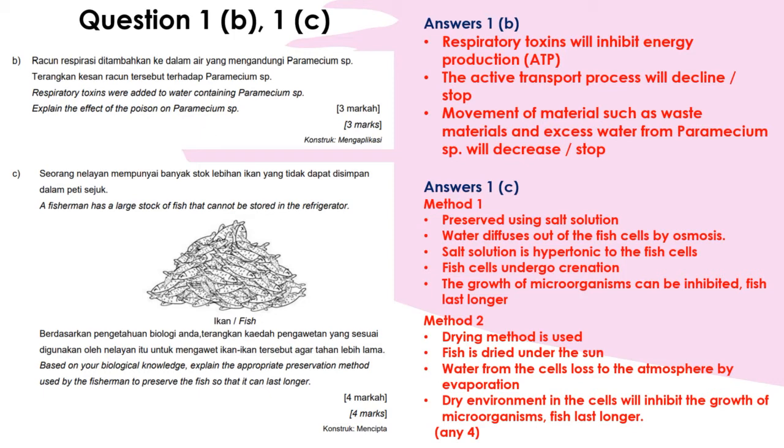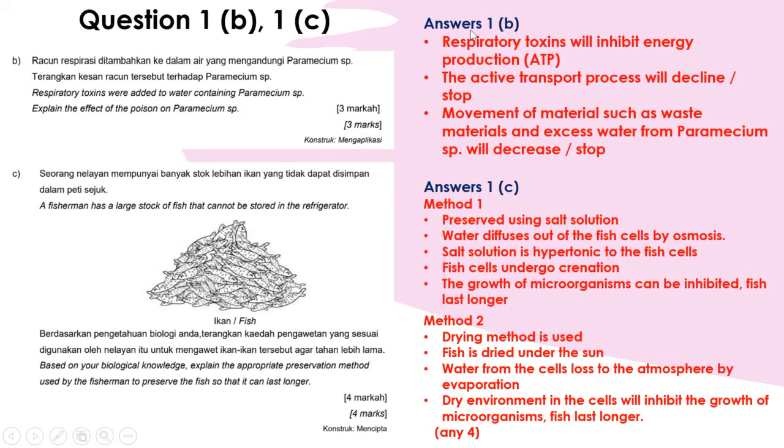The key word here is respiratory toxin. Respiratory toxin will cause the destruction of the respiration or cellular respiration in the paramecium. So what is the effect of the poison?